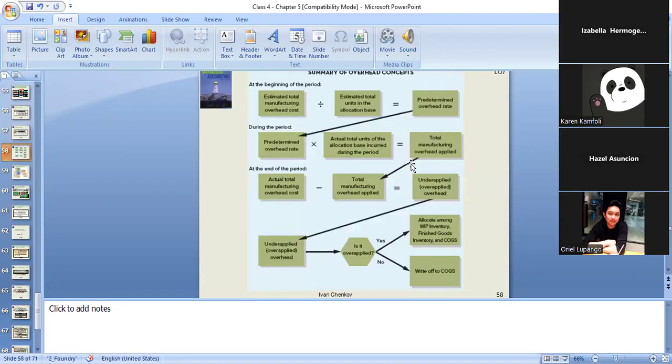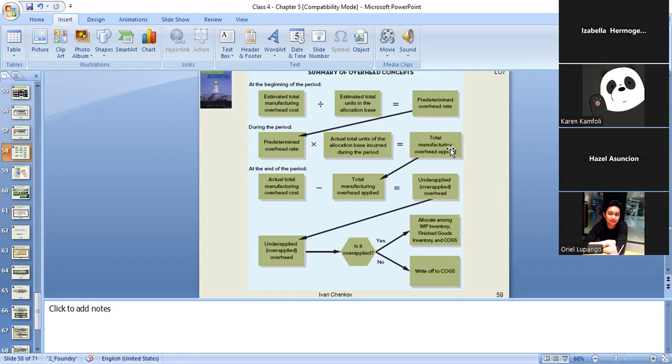So the summary of the overhead flow that we did today. First, we have to estimate the total manufacturing overhead cost. Then we have to estimate the allocation base. Then come up with the predetermined overhead rate. Once we have that predetermined overhead rate, every time we actually use the allocation base, we're going to apply the overhead.